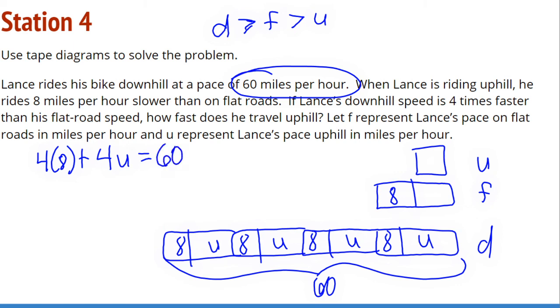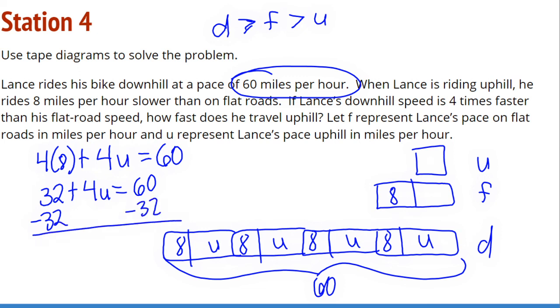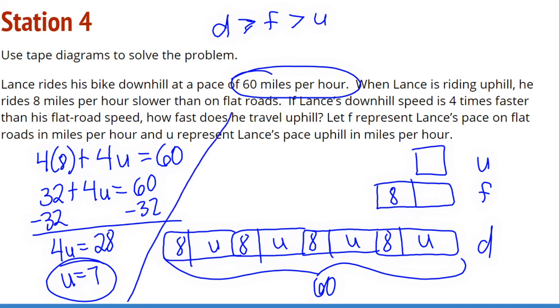Ooh, 4 times 8 is 32, plus 4 times the uphill speed, altogether is going to be 60. So I can subtract the 32, and I've got 4 times the uphill speed is equal to 28, and the uphill speed is equal to 7 miles per hour.